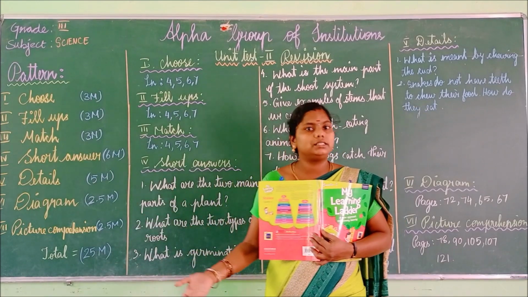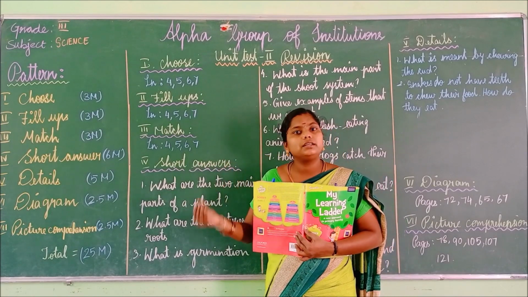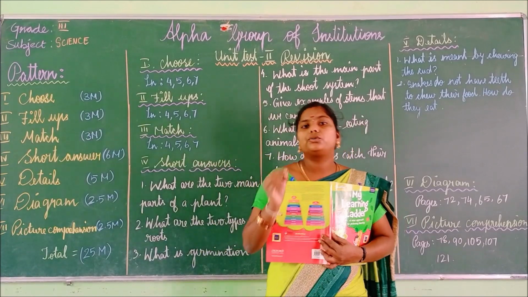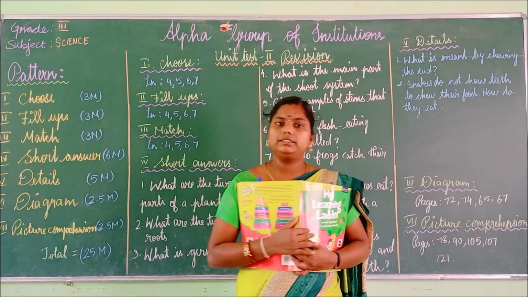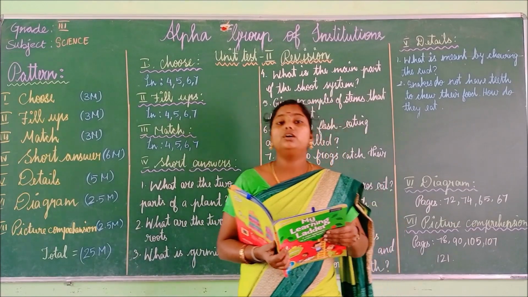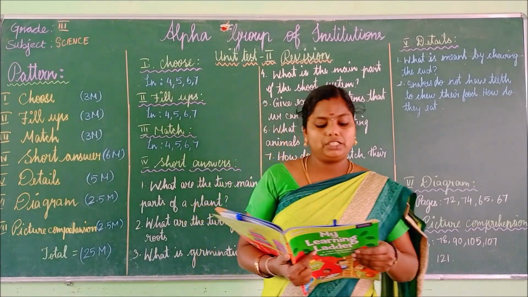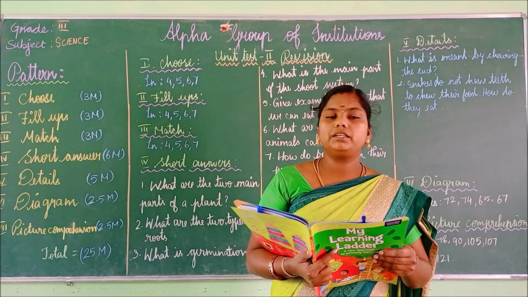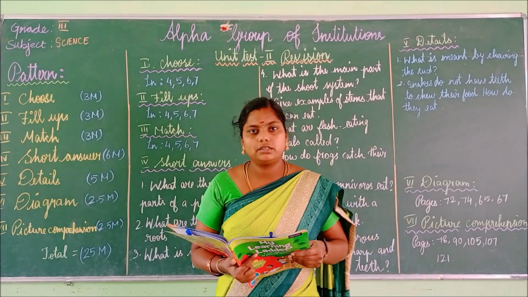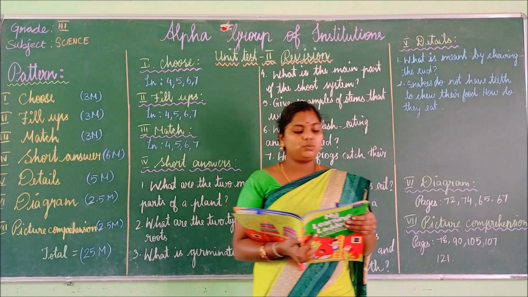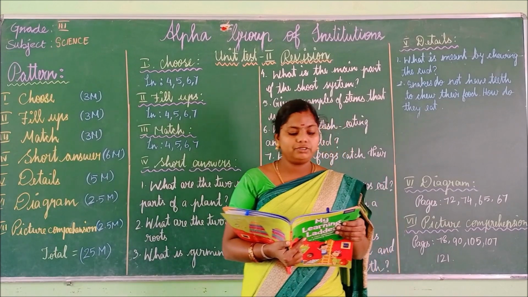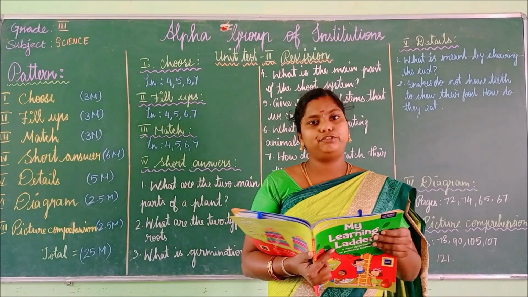So it is under the ground. So which part is under the ground? Very good. Roots are under the ground. So here what is the answer? Root. So which part of the plant helps in preventing soil erosion? The answer is root.